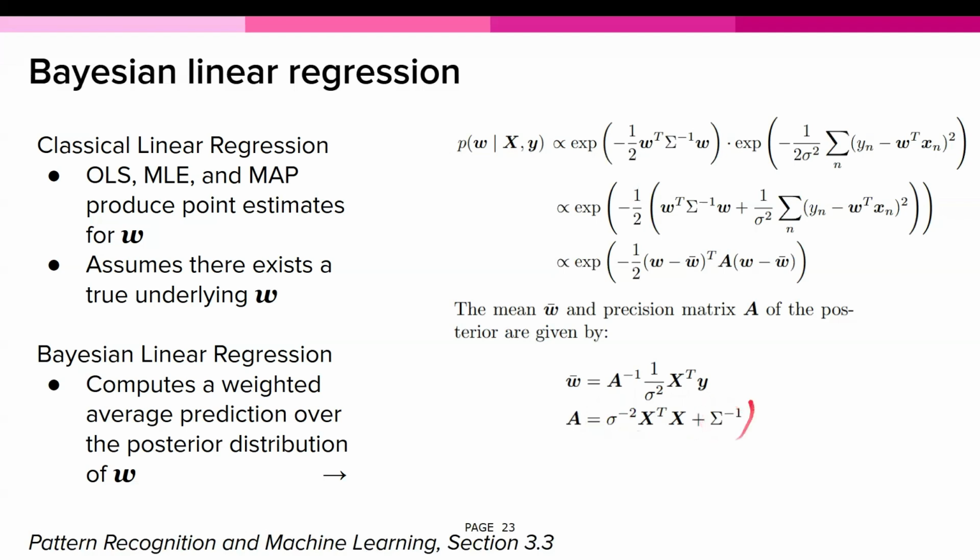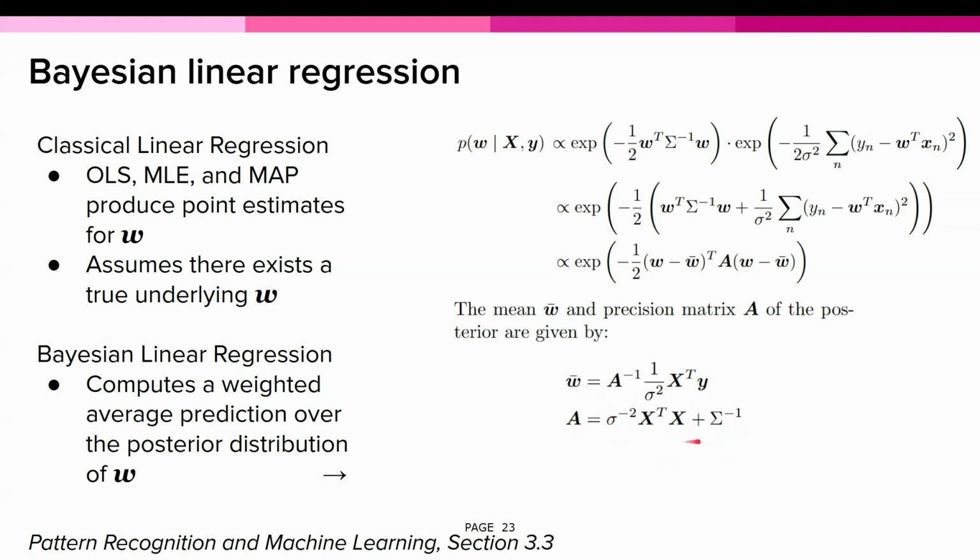And then the other part comes from our prior belief about the weights, represented by capital sigma inverse. So our final uncertainty about the weights combines what the data tells us and what we initially believed. So whereas the posterior mean told us about the center of the distribution, the posterior precision tells us about the spread of the distribution.